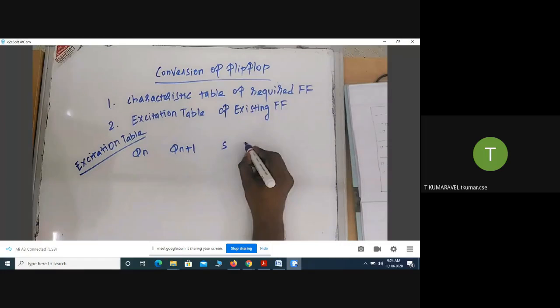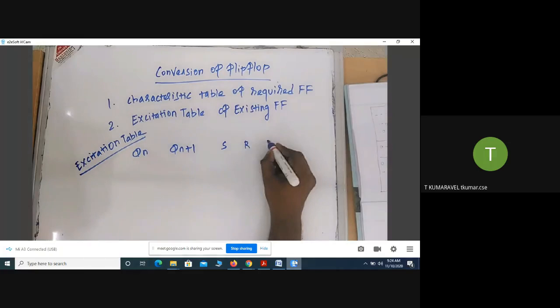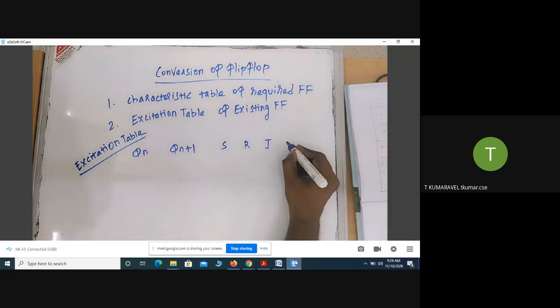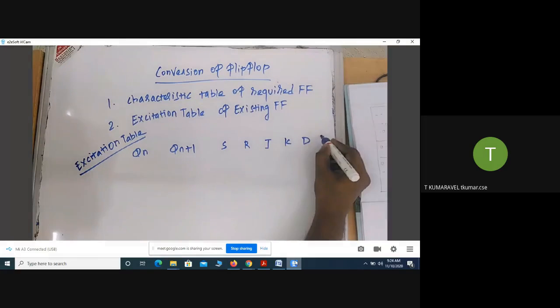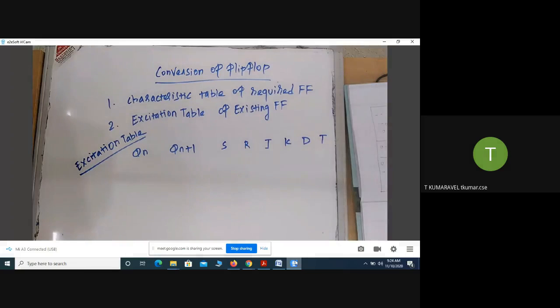No one knows that. The excitation table gives a previous stage output and then the next stage output. If it is there, what is the input combination of SR or JK or D or T flip-flop?